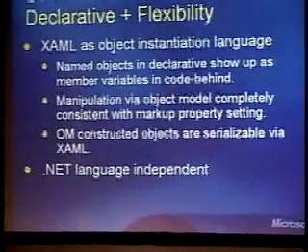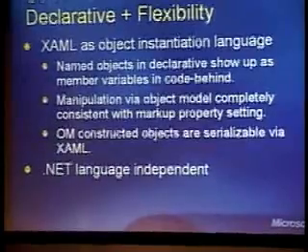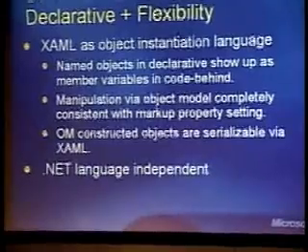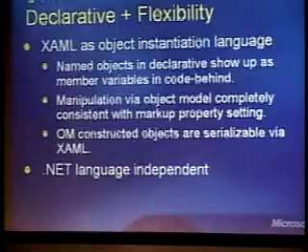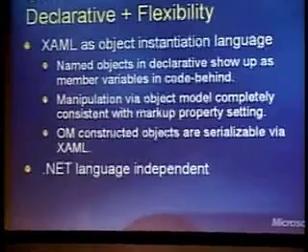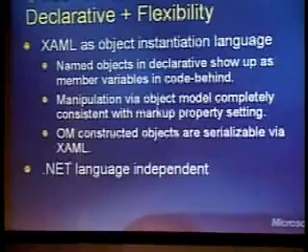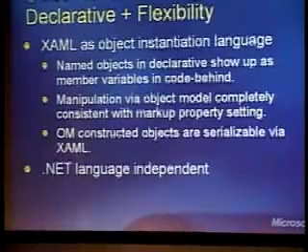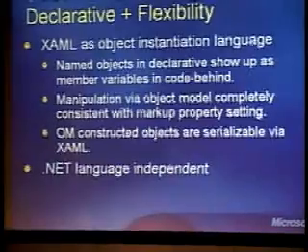Now, it's .NET language independent, so this might be C# generated code, it might be VB.NET, it might be any of the .NET languages. So the manipulation via the object model, because XAML is just an object instantiation language, is completely consistent with XAML. So I can name an object, and then I can modify its width property later on in code, even though I've declared that object in XAML.